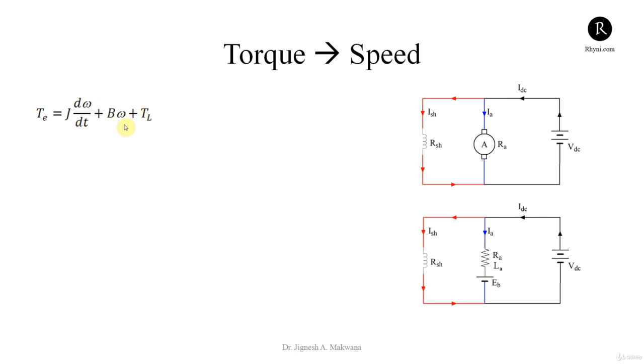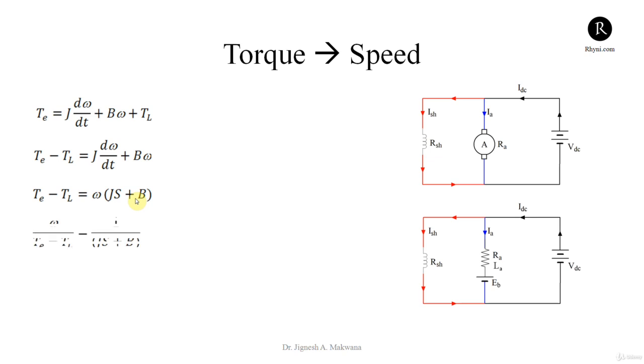So if we rewrite the equation in this form, the torque developed minus load torque is equal to J d omega by dt plus B omega. If we apply the Laplace transform, then we have this form: Te minus TL is equal to omega into Js plus B. So we can rewrite it in transfer function form, output by input.